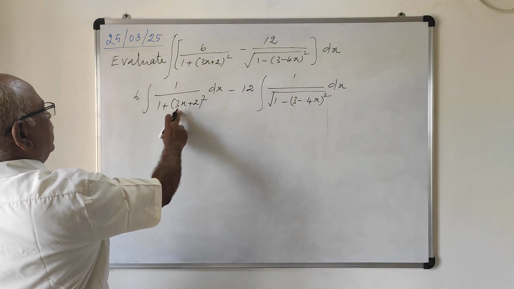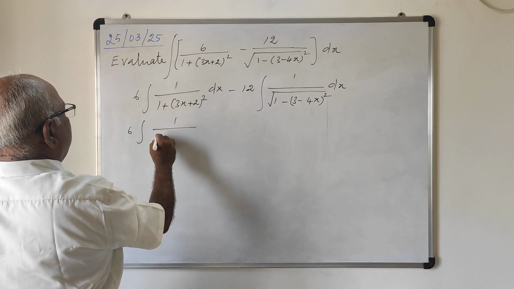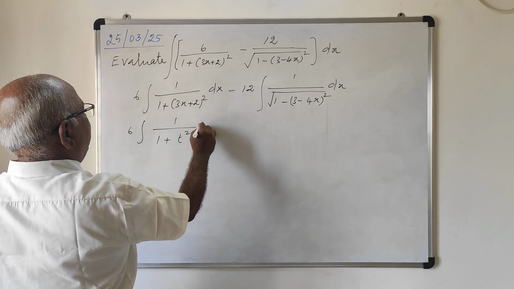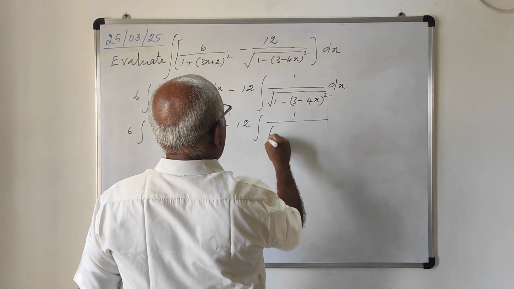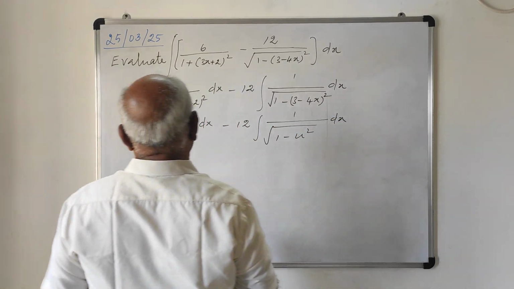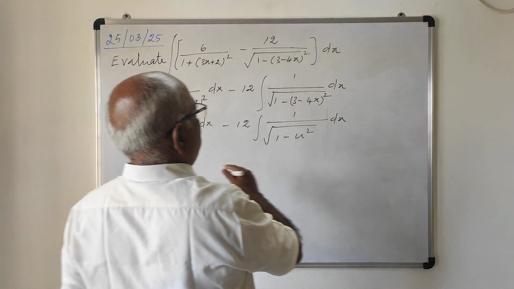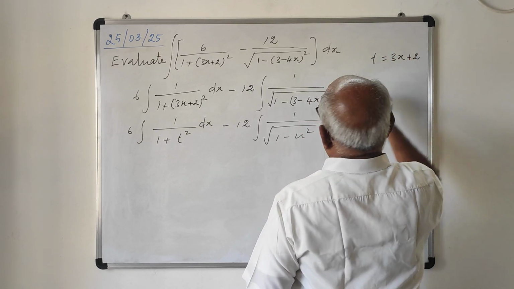So in this integral you can replace 3x plus 2 by t. Therefore you will get integral 1 by 1 plus t square dx minus 12 into integral 1 by root of 1 minus u square dx. Here t is 3x plus 2. In the first integral you substitute 3x plus 2 by t.